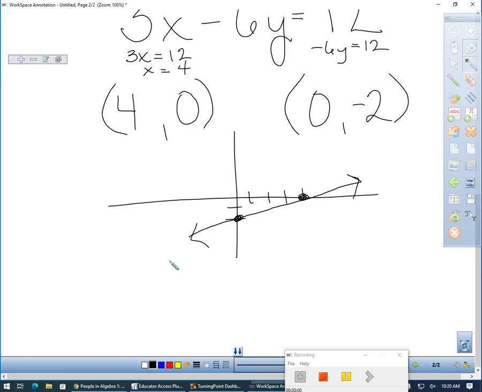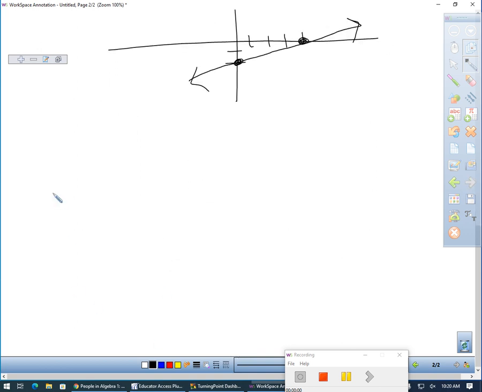Okay? So, now that we got a general idea, let's start with some examples. All right, here's example number 1. This is going to cover questions 1 through 6 on your worksheet.